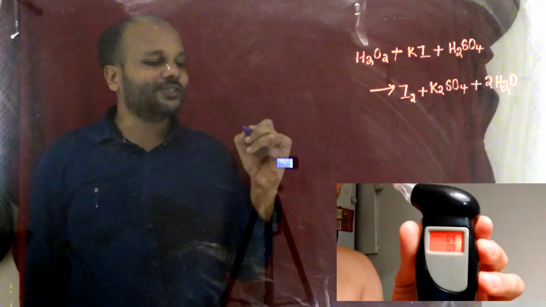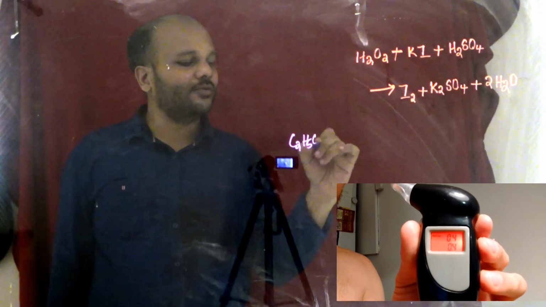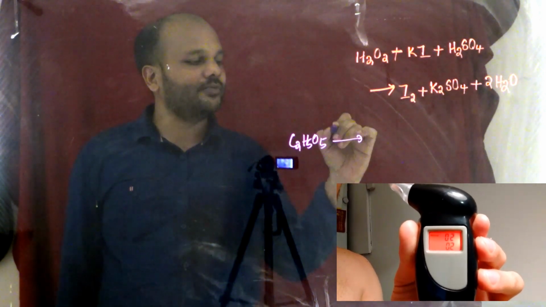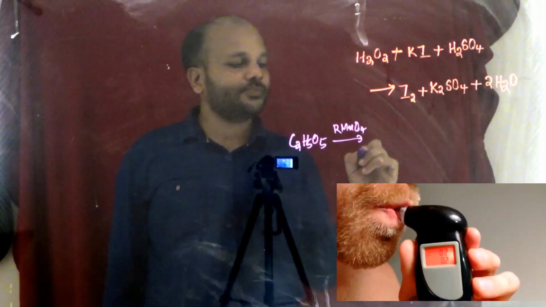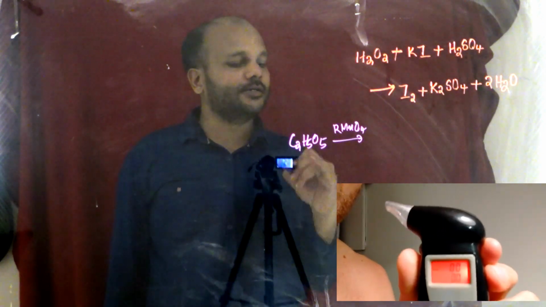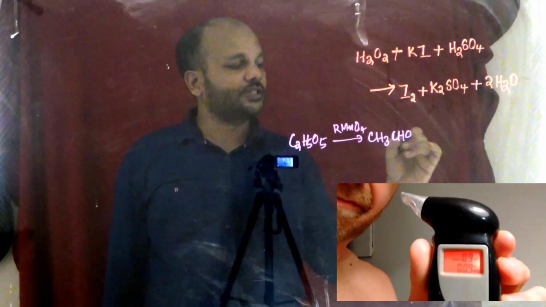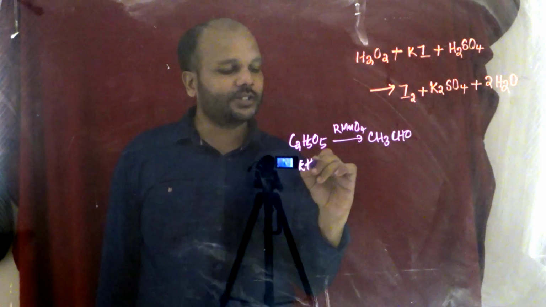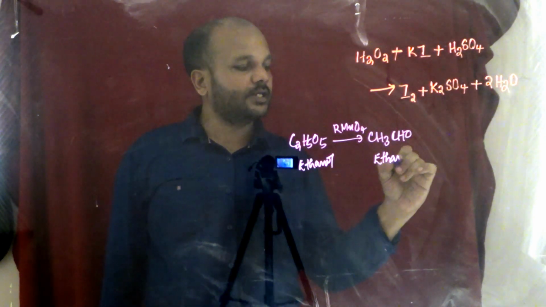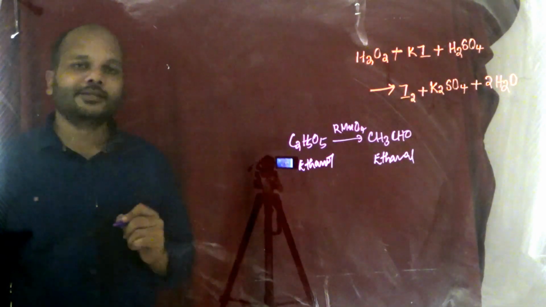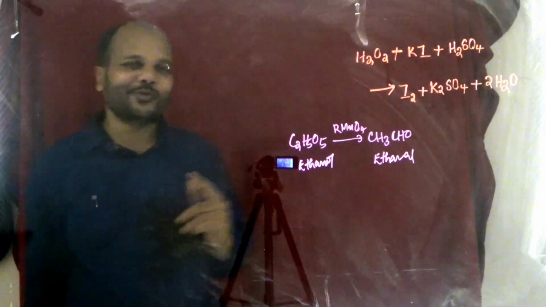Ethanol, C2H5OH, gets oxidized and converted to CH3CHO. The first one is ethanol.